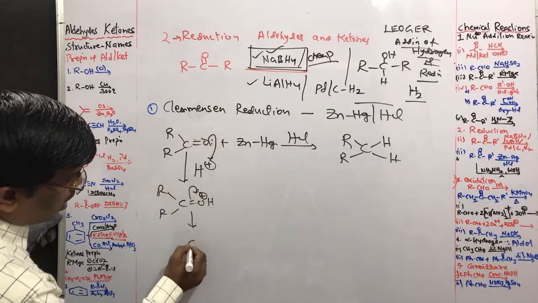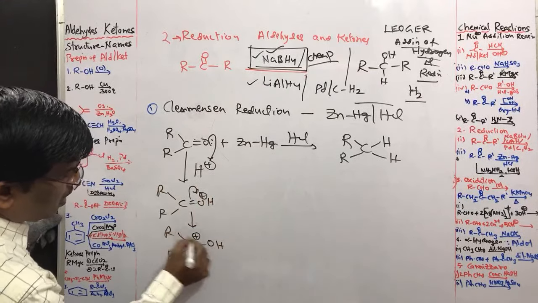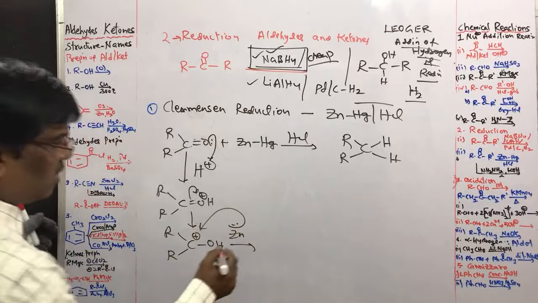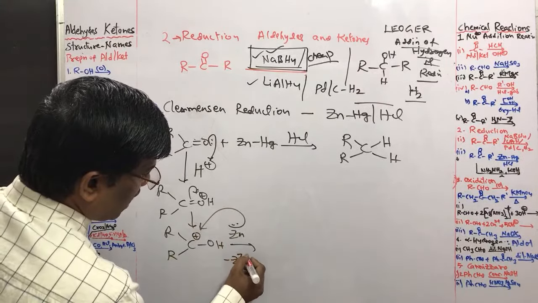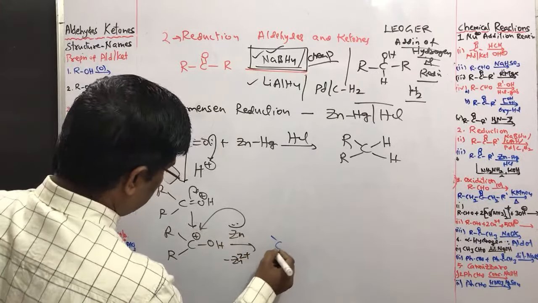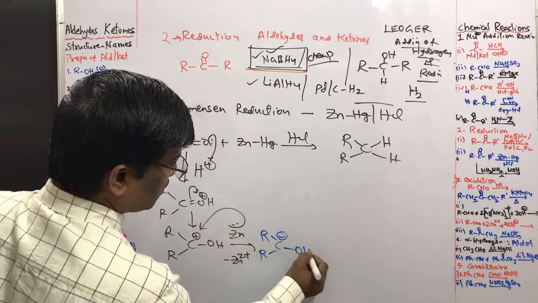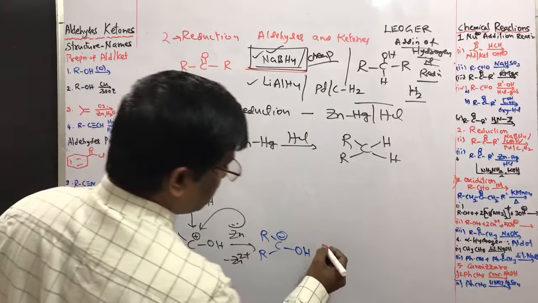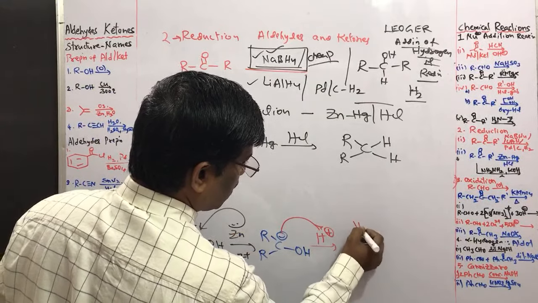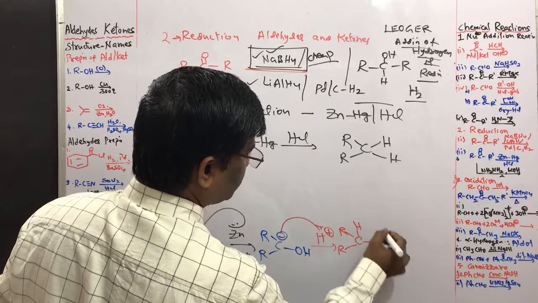Now the carbocation is going to take up 2 electrons from zinc, and this zinc goes out as Zn 2 plus to give R negative and OH. And this takes up a proton to form carbon, R and OH.